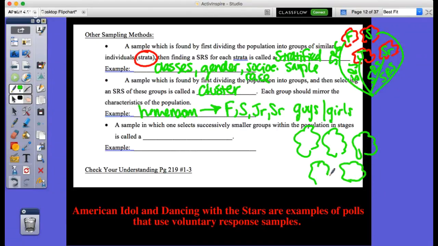Instead of taking an SRS from each one, like up here, we would take an SRS overall. Out of all of this, which cluster are we going to choose? Out of all this here, I want to kind of get this one.